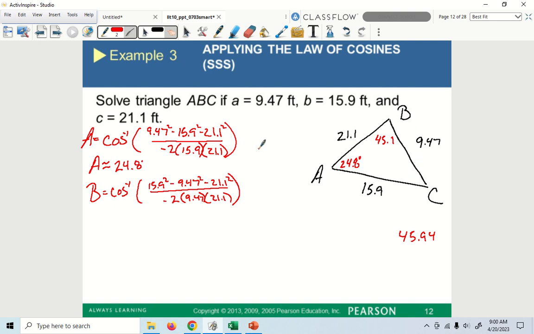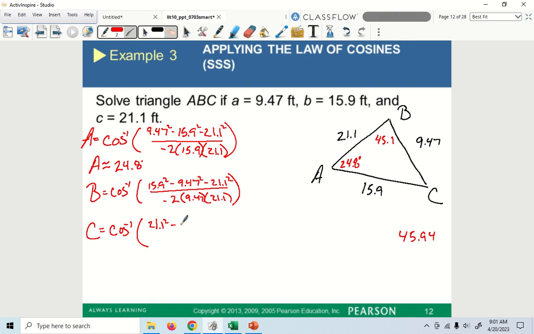All right, you ready, Diego? Go, Diego, go. Big C. Hold on. Okay, so inverse cosine, I'm assuming. And then 21.1 squared. Am I on the right track? Yes, you are. And then minus the other two, doesn't really matter the order. Do you want it in a specific order?